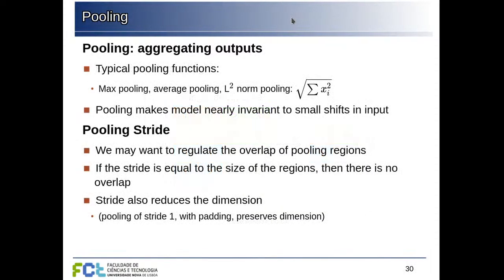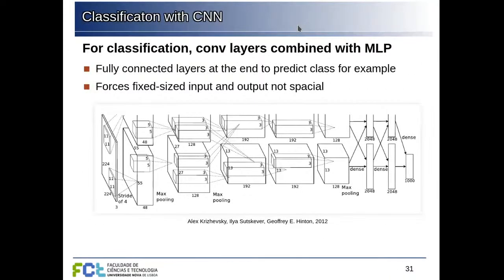But you can do many combinations of this if you want, but this is the most typical application: we use a stride equal to the size of the regions and use pooling to reduce the dimensions of the feature map.